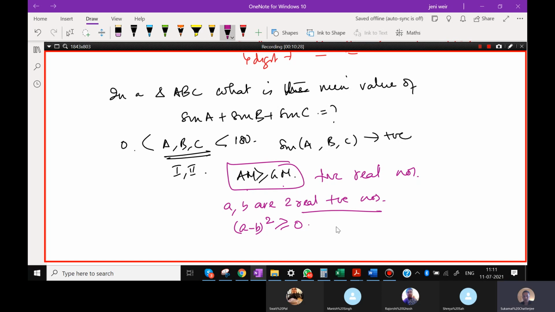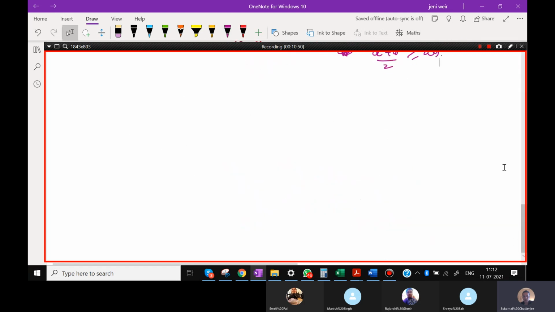Therefore, A square plus B square has to be greater than or equal to 2AB, or A square plus B square by 2 has to be greater than or equal to AB, where A square plus B square by 2 is the arithmetic mean and AB, or square root of A square B square, is the geometric mean.